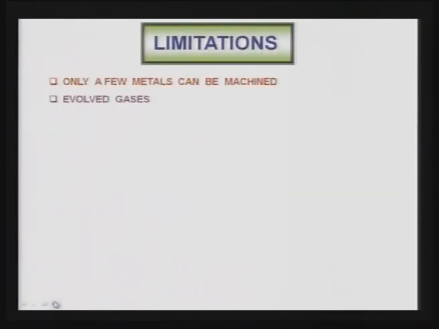Now, there are certain limitations of all the processes. Same is true for chemical machining. Only a few metals can be machined, because I have shown you already that etchants are available for certain materials like copper, aluminum, iron, etc. For every material and every alloy, you do not have the etchant available.